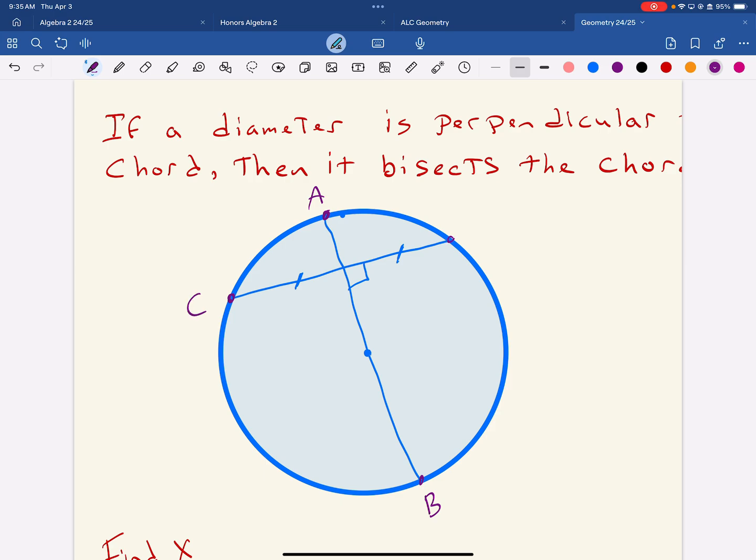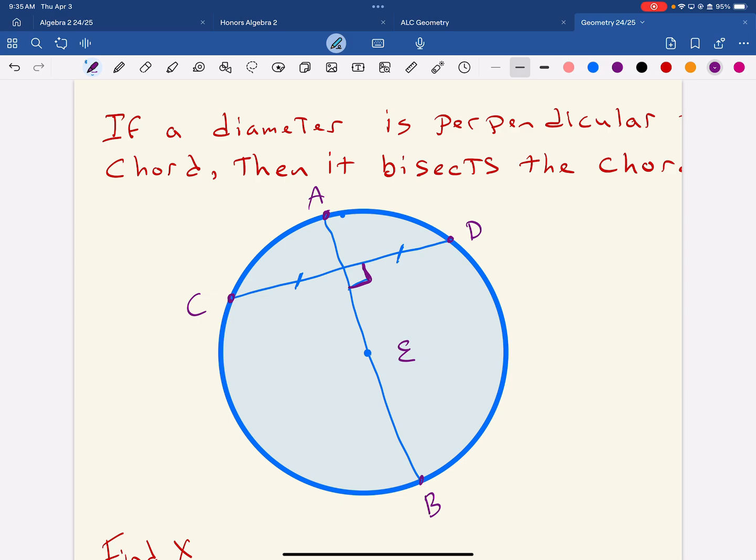We'll call our chord CD, and again, circle E. If the diameter is perpendicular to the chord, meaning that AB forms a right angle with our chord CD, then it bisects the chord.